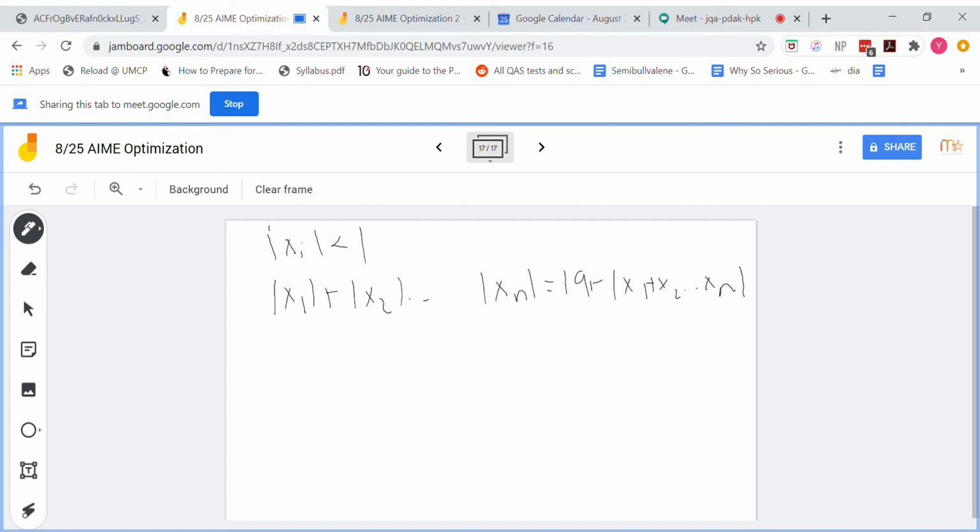So now we know that this part is non-negative, right? It could be 0. And so we have x1 plus x2 all the way to xn is at least 19, right? And so the only way this is going to be possible is if n is at least 19.